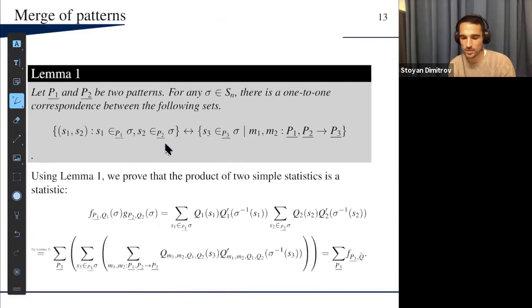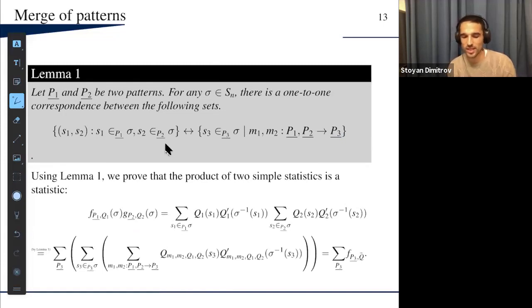And by using this lemma, I'm showing that the product of two simple statistics is always a statistic. This is the calculation to do this. And this is very important because by showing this, this allows me to get higher moments, first of simple statistics and then of general statistics.